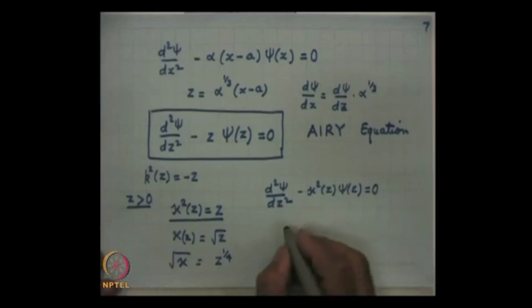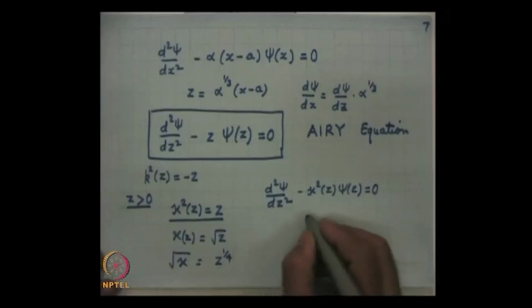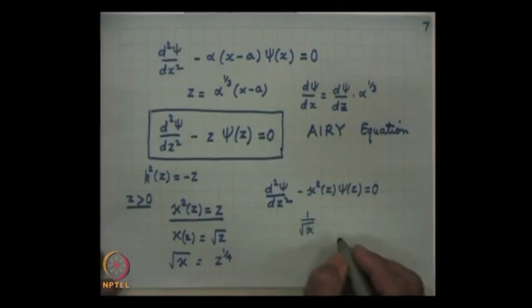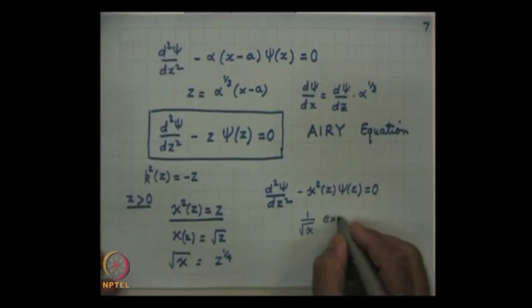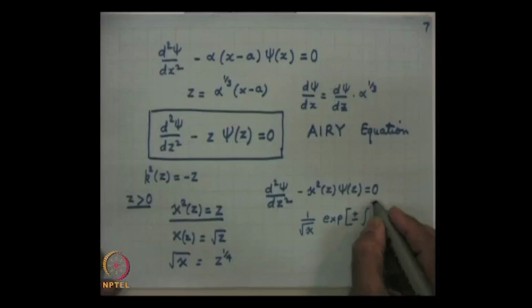Now, the Jwkb solutions of these equations are 1 over under root of kappa, exponential plus minus integral of kappa of z dz.